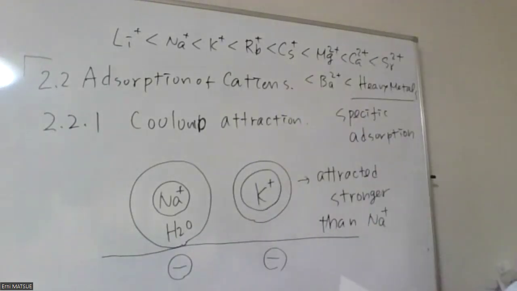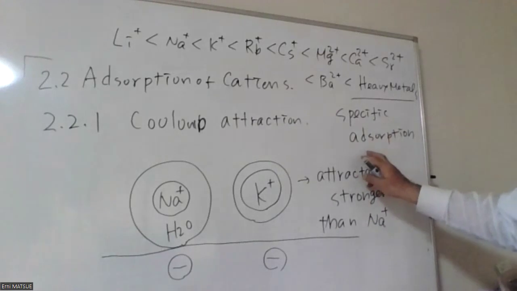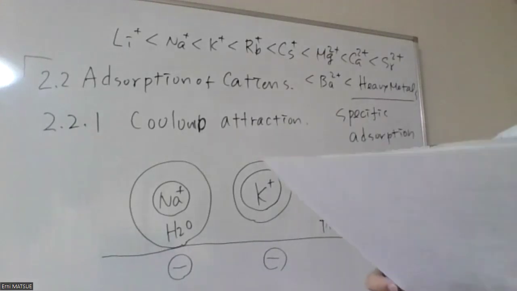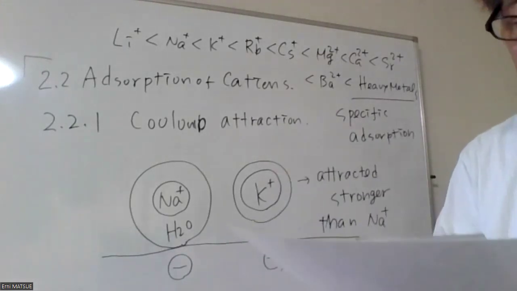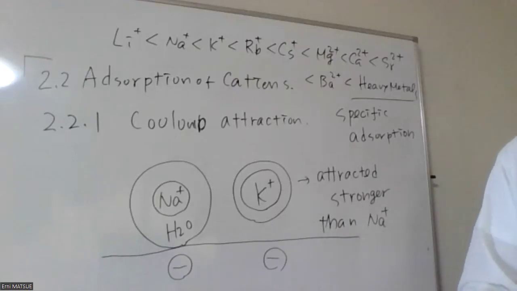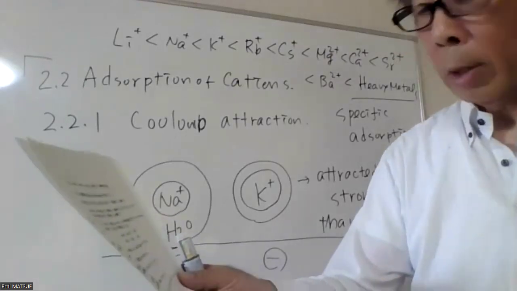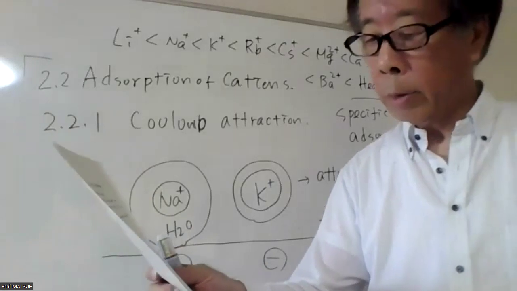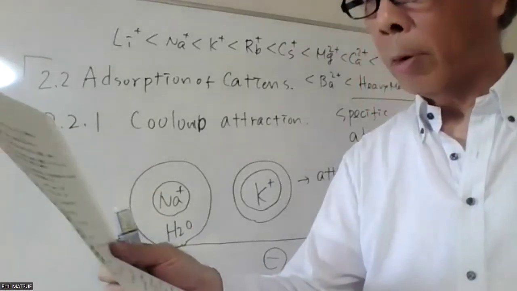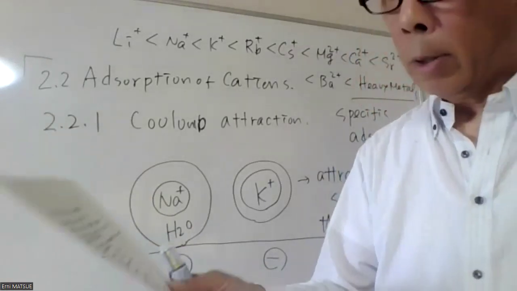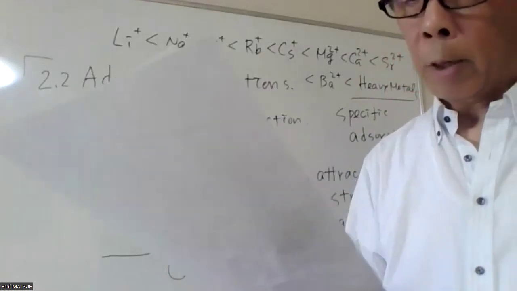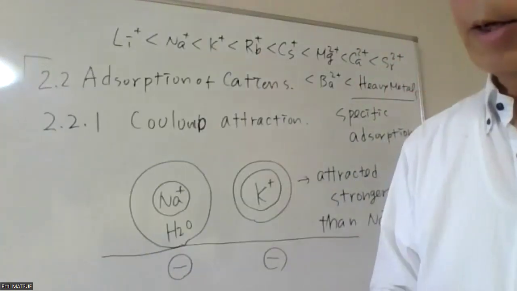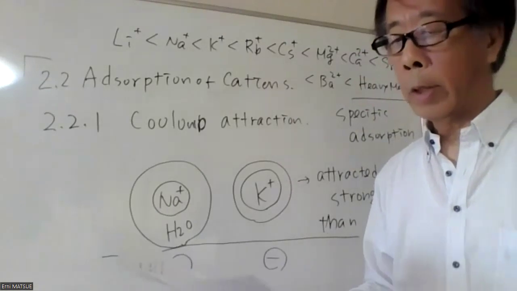So you can study specific absorption of cations and anions. In the case of cations, heavy metals and Fe; and anions are phosphate and organic anions, which are specifically absorbed by soil components.